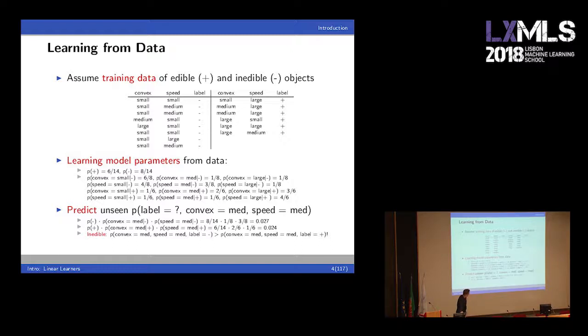And what we see is one is 0.027 and the other one 0.024. So our prediction would be, since the probability of being inedible is larger than the probability of being edible, we predict it's not edible. So this is an end-to-end use of a machine learning model on data, and we do a prediction on unseen data.